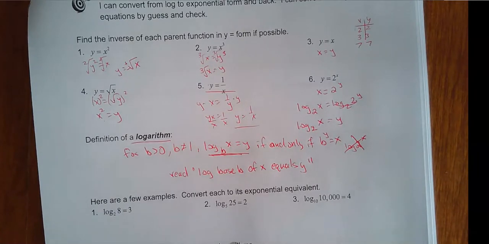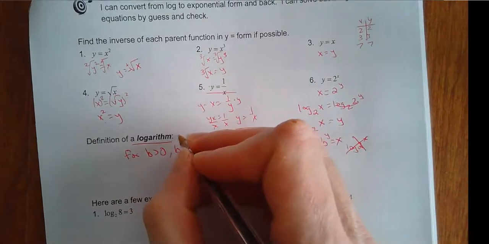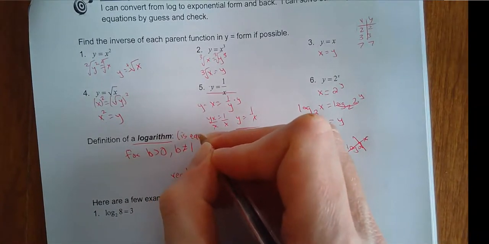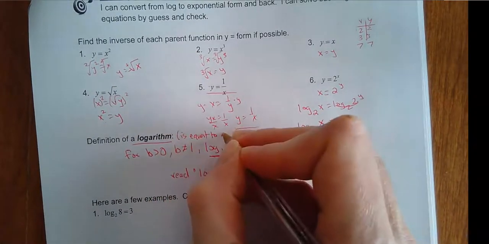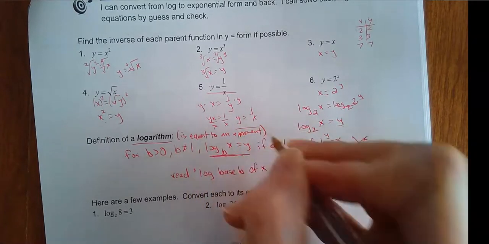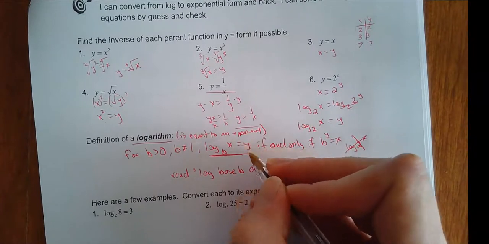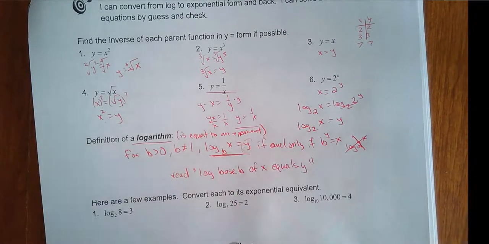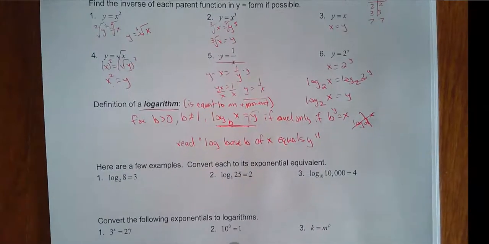One thing that might be helpful also is a logarithm is equal to an exponent. So when we say this right here, the y is actually the exponent. The b is the base, the y is the exponent. X is what you get when you multiply them. Okay, so it sounds weird. There's a reason why we write it like that, though.